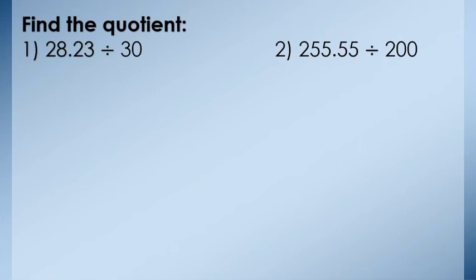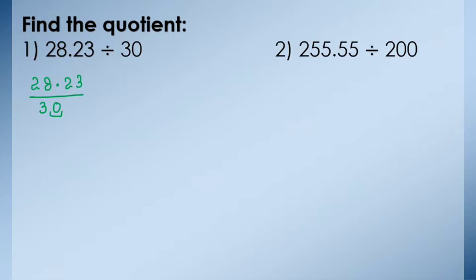Find the quotient. We have to divide 28.23 by 30. So we can write it as 28.23 upon 30. Now as you can see, in this 30, one 0 is there. That means we are dividing 28.23 by a multiple of 10.